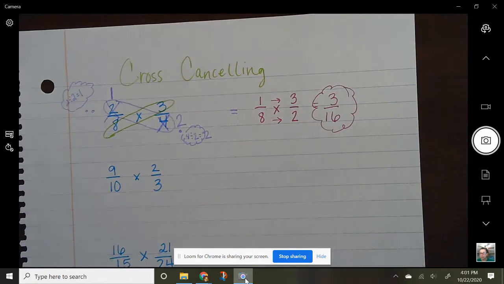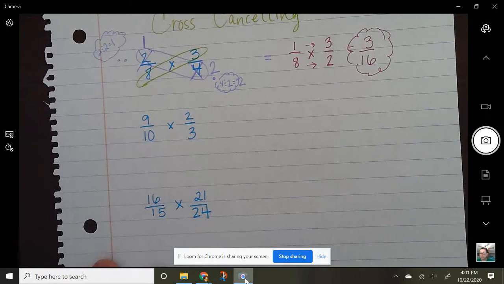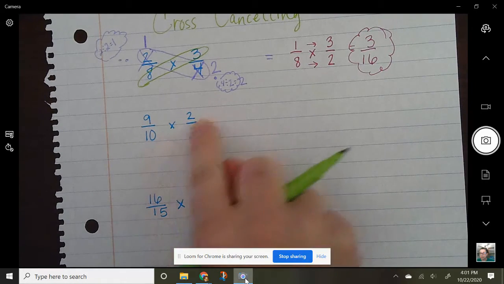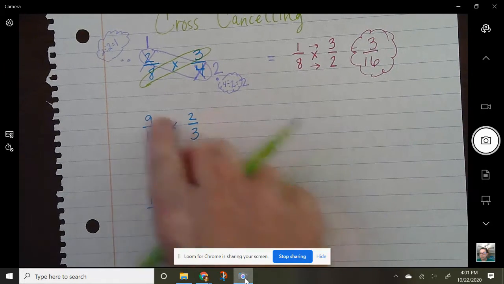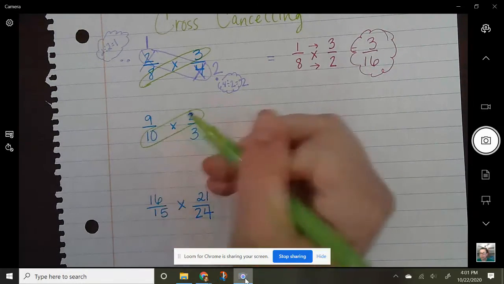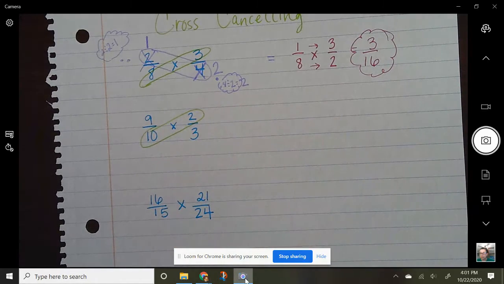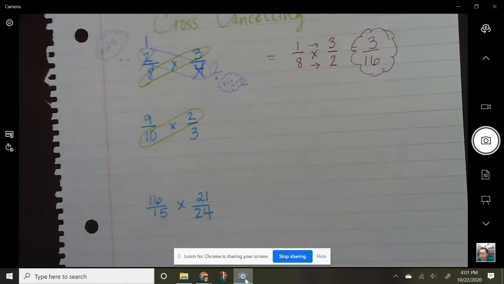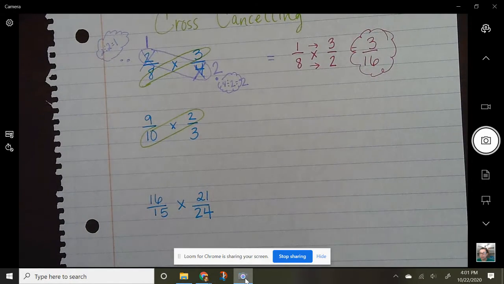All right, let's do another problem. And this time, it really does not matter, you can start either way. I just am in the habit of always going this way and then that way. It doesn't matter. All right, right away my brain is thinking they're both even. I can check my factor list again, and I know right away they both have a factor in common of 2.